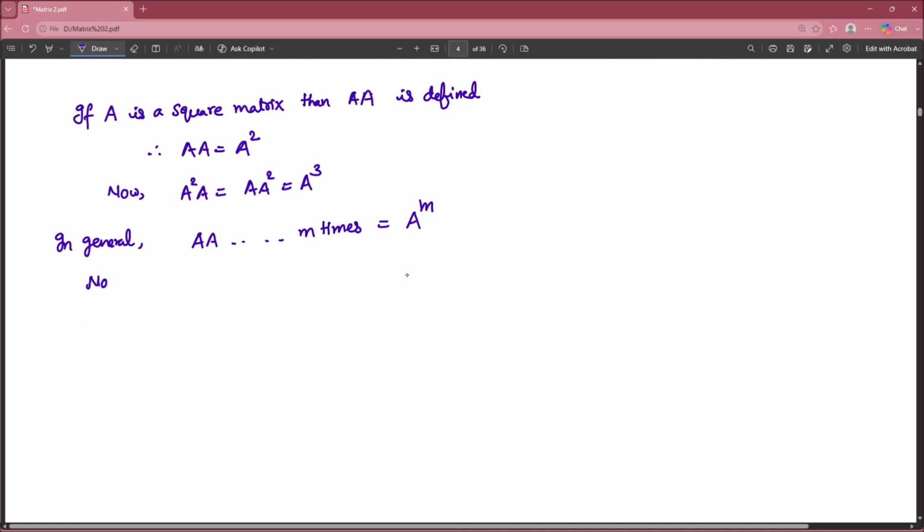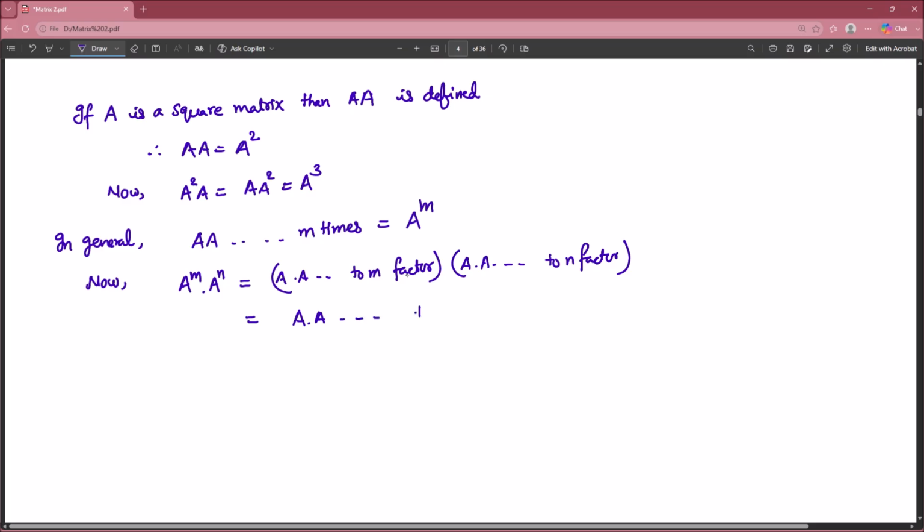Now, A to the power M into A to the power N is equal to A into A up to M factors and A into A up to N factors, that will be equal to A into A up to M plus N factors.